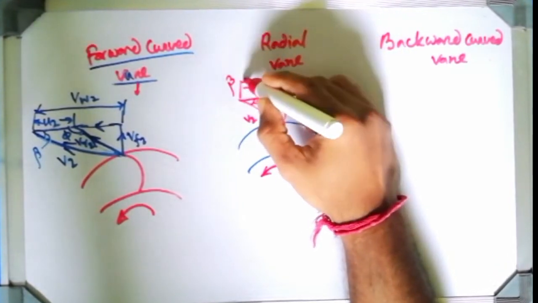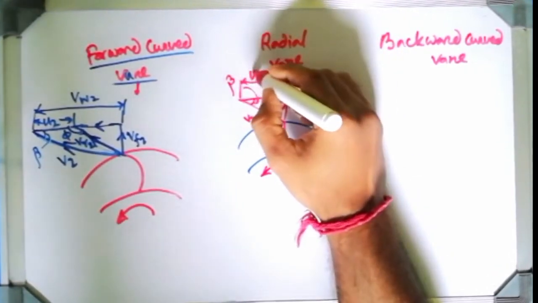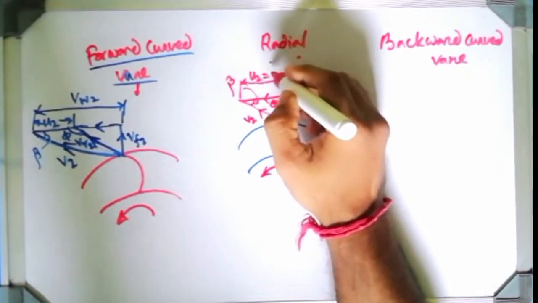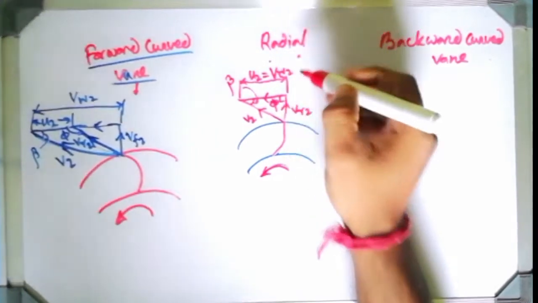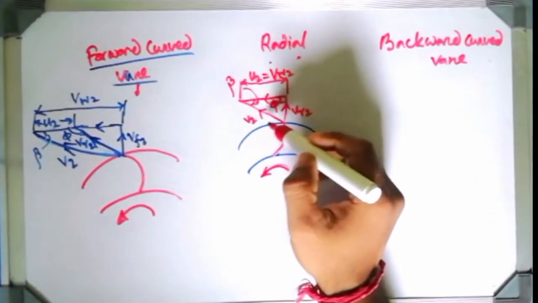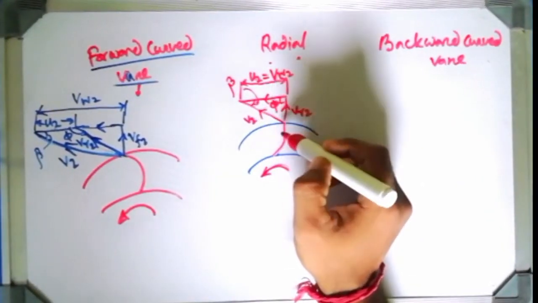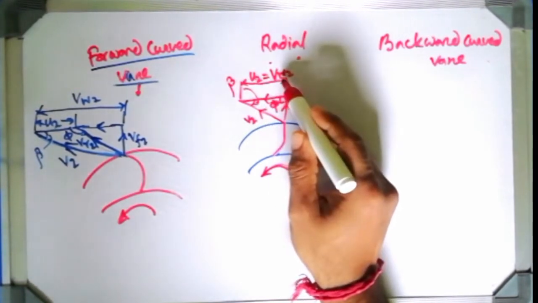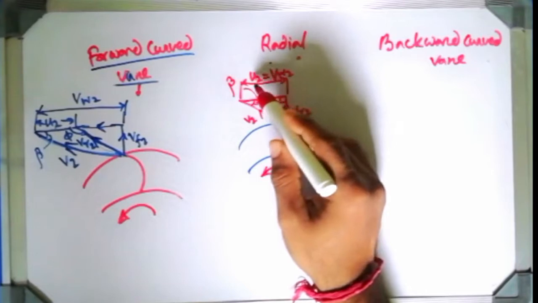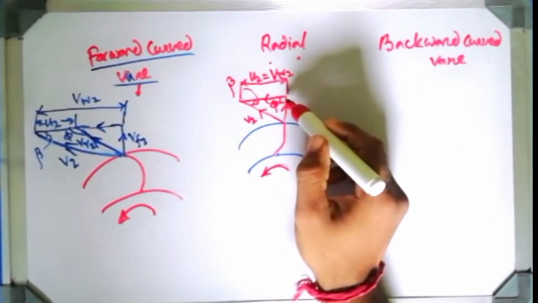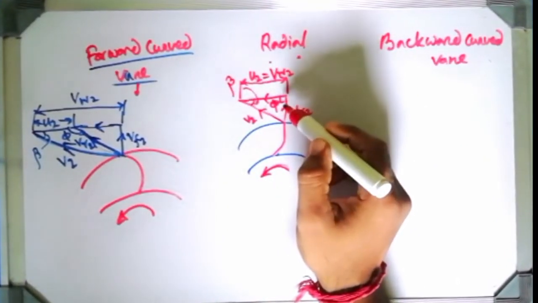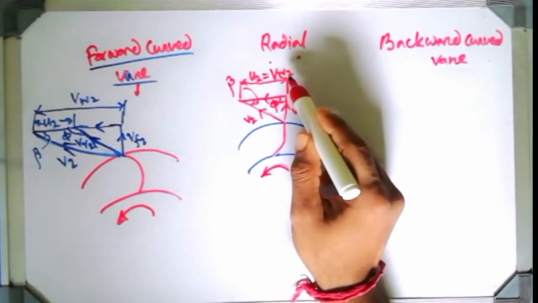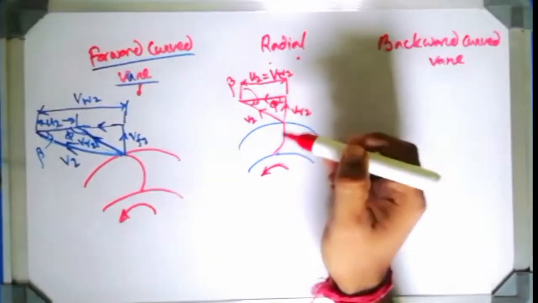This component is u2 as well as this component vw2. Both are the same because vw2 is nothing but the horizontal component of v2. So if radial discharge is occurring, obviously vw2 and u2 will remain the same because the radial discharge is taking place. Due to the radial inlet, for the same reason, we have considered that vw1 is 0.